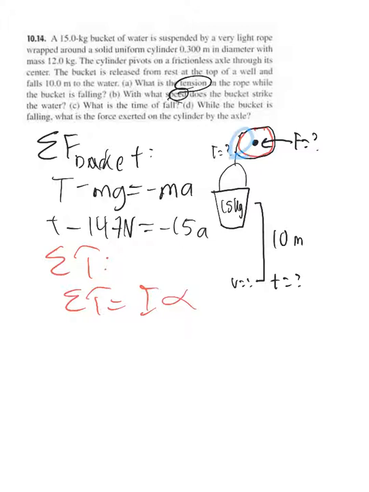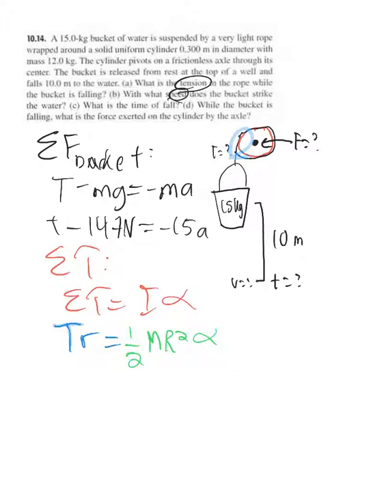And that's going to be T times R. And that's going to be I, which is going to be the, for the cylinder, mr squared, and alpha.